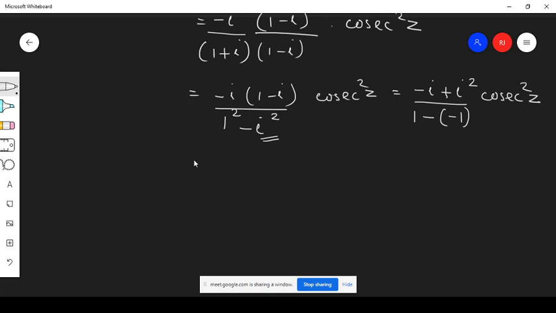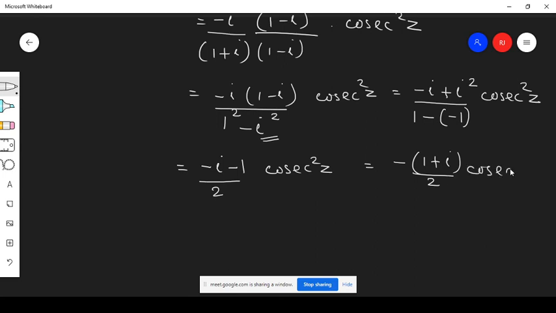Now in the numerator this is minus 1, so you will get minus i minus 1, and the denominator is 2 cosec square z. Or from the numerator you can take a negative outside, so minus of (1 plus i) divided by 2 into cosec square z. This was our f dash z.